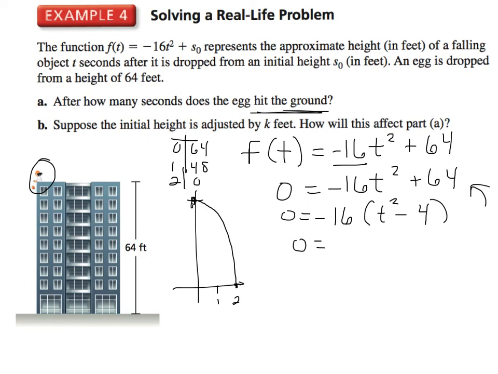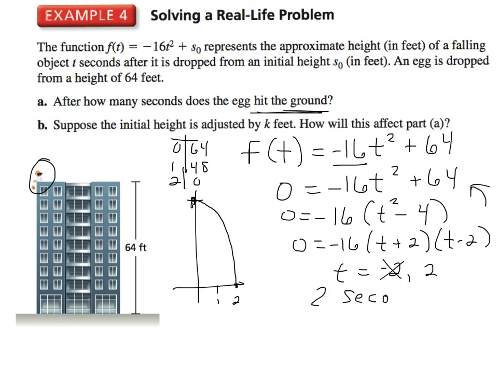Since we know negative 16 just stays there, t squared minus 4 will be t plus 2, t minus 2. If you solve this, you get 2 answers, negative 2 and positive 2. Negative 2 doesn't work since we cannot have negative seconds, so 2 seconds is obtainable by a graph and also by solving the quadratic equation.